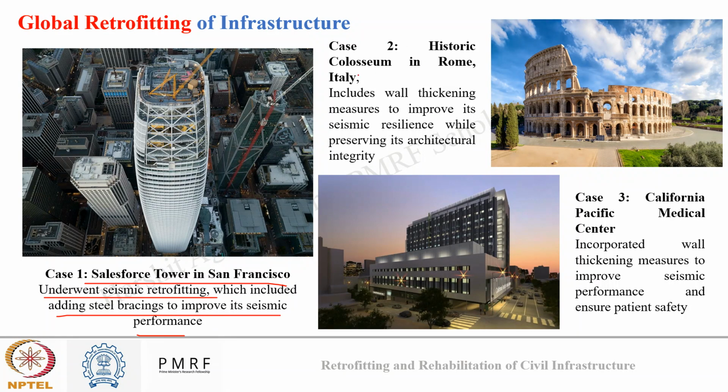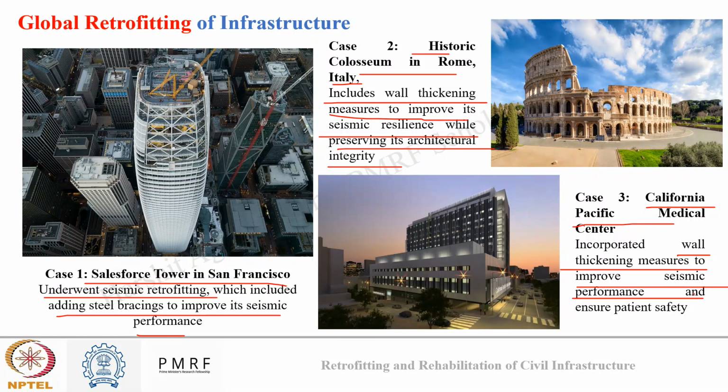Then there is a historic masonry structure in Rome, Italy, where wall thickening was used as a measure to improve seismic resilience while preserving the architectural integrity. And the third case is a California medical center, where again wall thickening was used to improve the seismic performance of the structure.